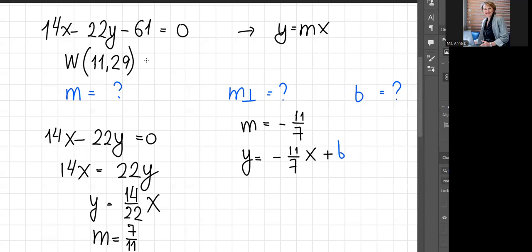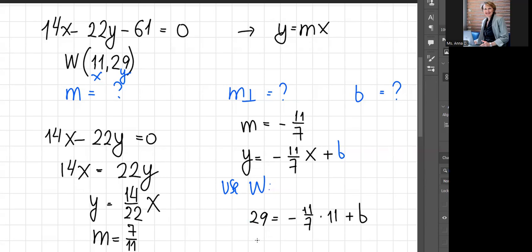And that we will figure out by using the point W, where 11 will play the role of x and 29 will play the role of y. So minus 11 over 7 times 11 plus b.